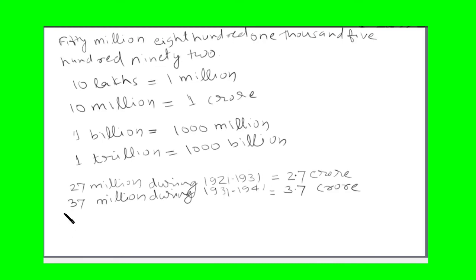The increase in population was 44 million during 1941 to 1951.